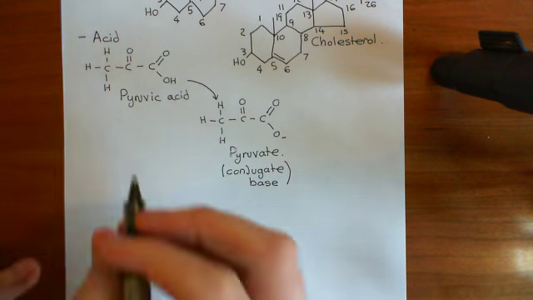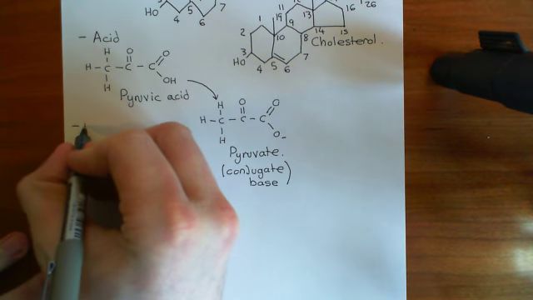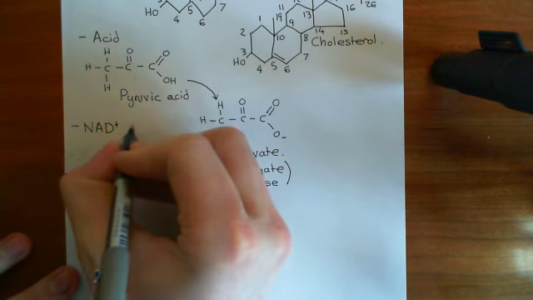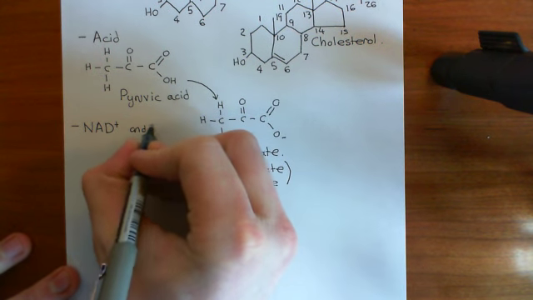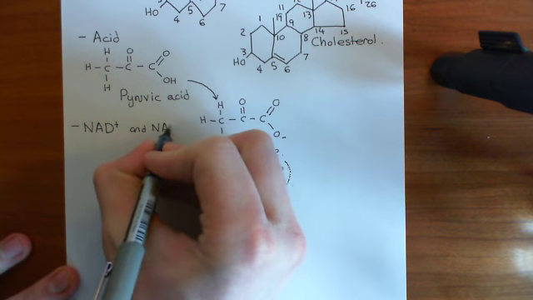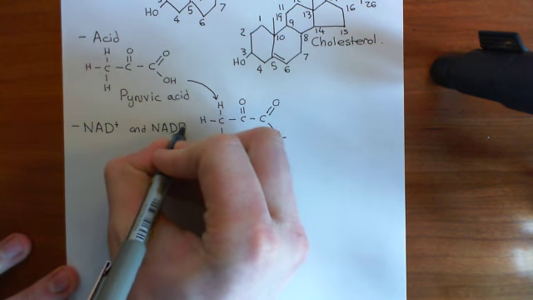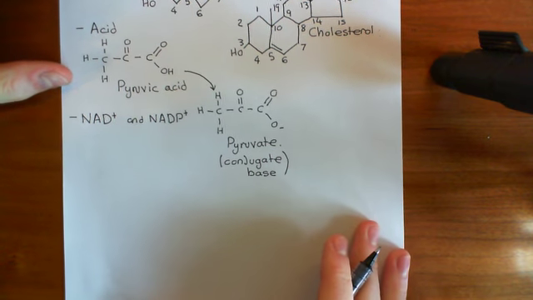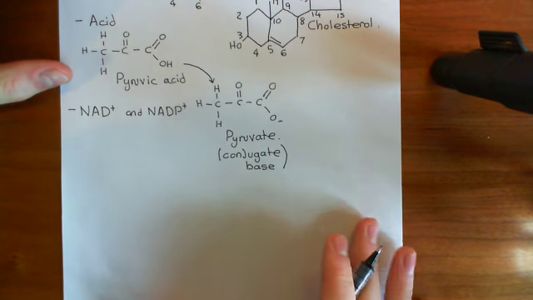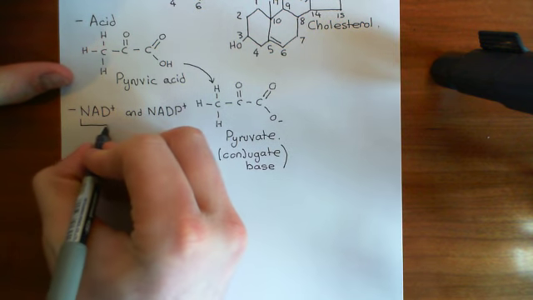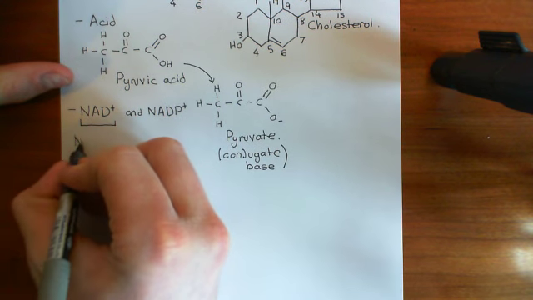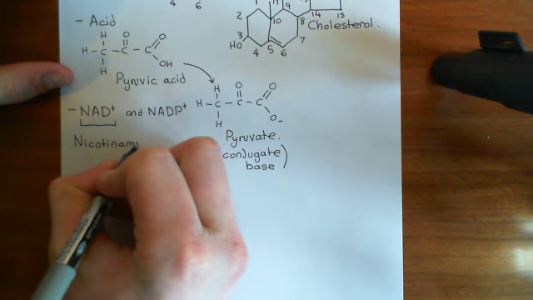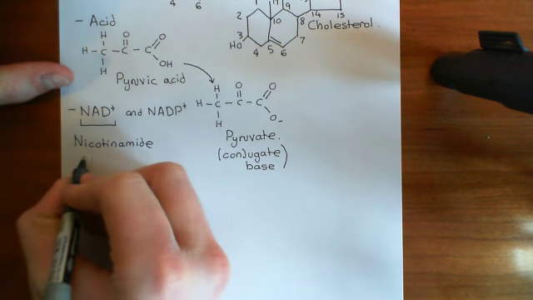Okay, right. So the next thing I want to turn my attention to is what NAD, nicotinamide adenine dinucleotide, and NADP, nicotinamide adenine dinucleotide phosphate, are. Basically these things are capable of transporting electrons. So let's write out their name in full. NAD plus stands for nicotinamide, and then adenine dinucleotide.